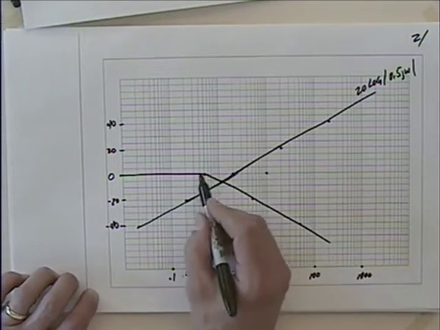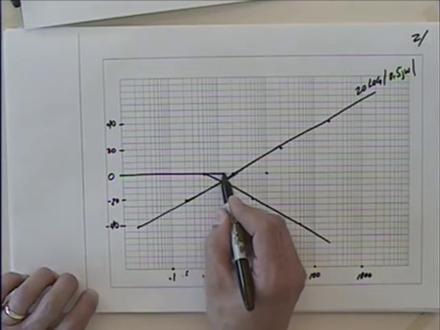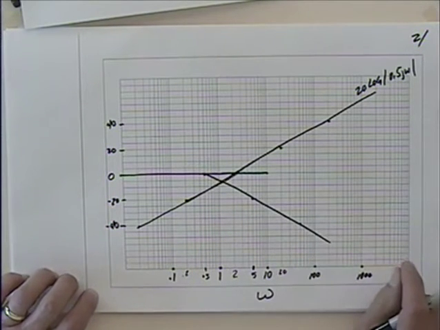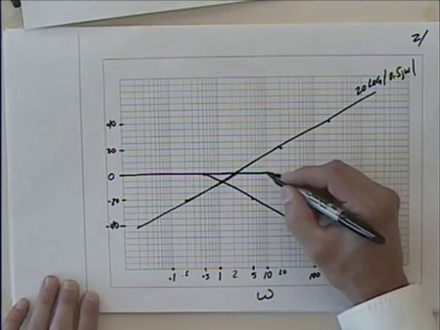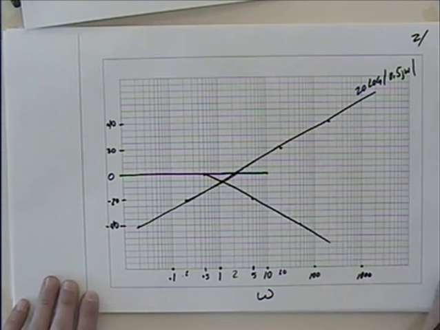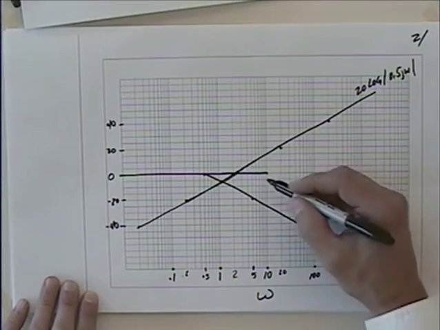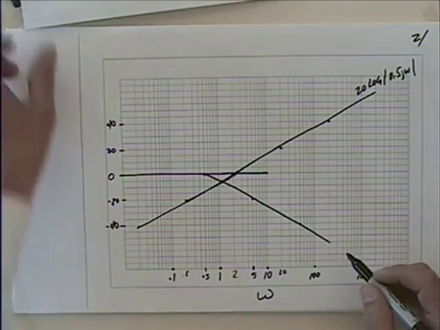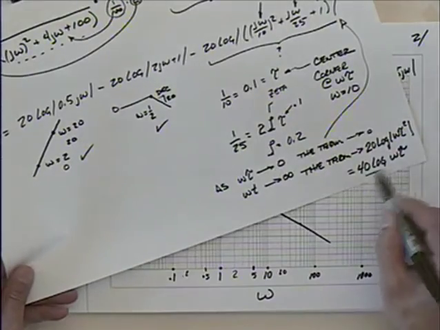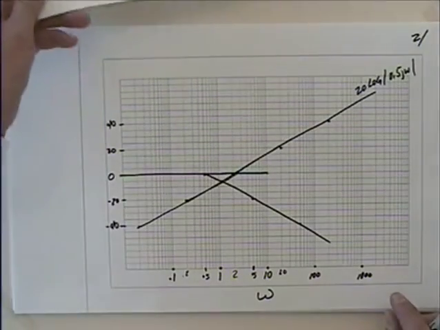So it's going to be 0 up to 10. And then it's going to turn down. And it turns down at 40 decibels per decade, right? So if I'm at 10 at 0, and I go 40, it's turning down at 40 decibels per decade because it was a squared term.